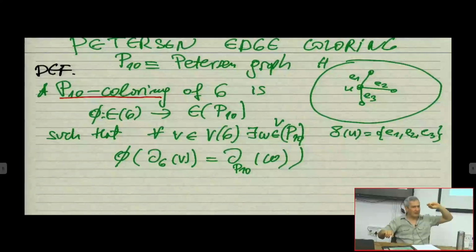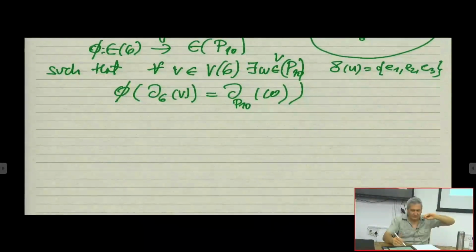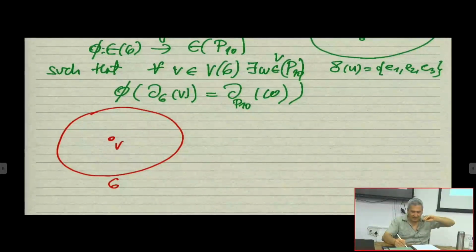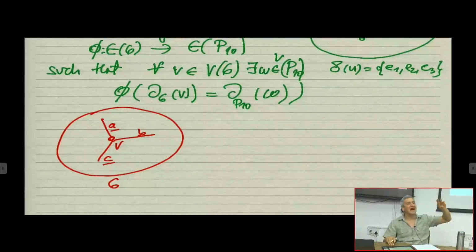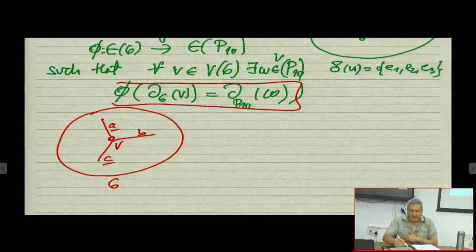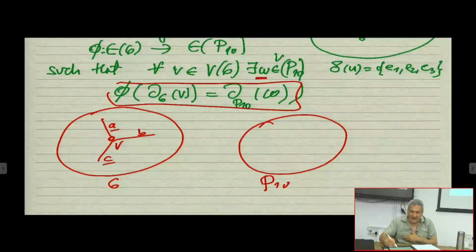But if in G we have some vertex V, and we put colors A, B, and C, where A, B, and C are edges of Petersen, what this requirement says is that in Petersen these three colors must be incident. These three, which are edges in Petersen, must be incident at a vertex. Okay, this is a little bit more complicated.